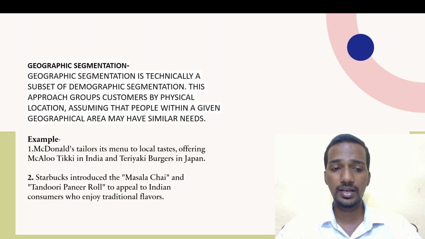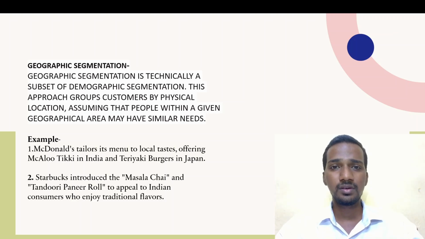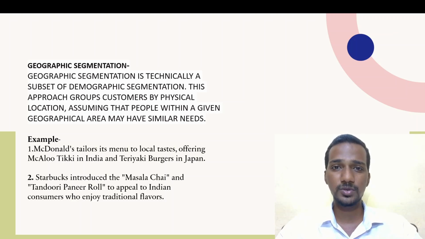Let's try to understand with an example. We all know McDonald's, right? It is popular all around the world, and in different countries McDonald's sells its burgers and other cuisines with beef. When coming to India, it does not sell with beef, because most Indians do not eat beef or are not big meat consumers.